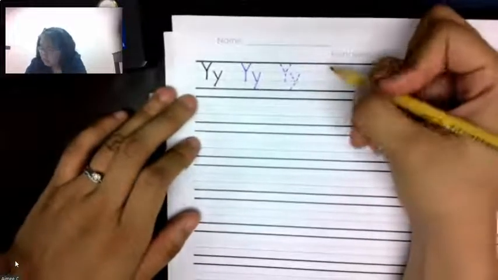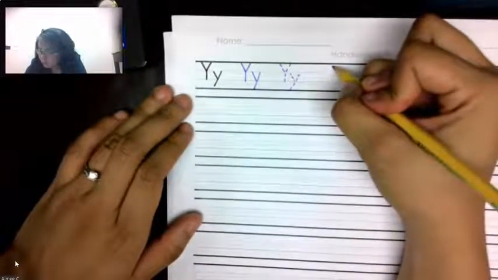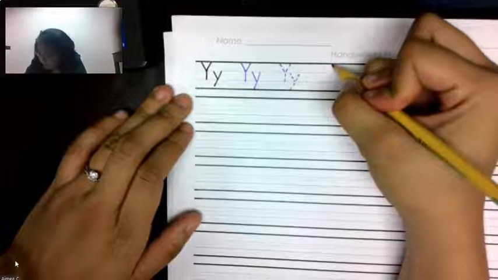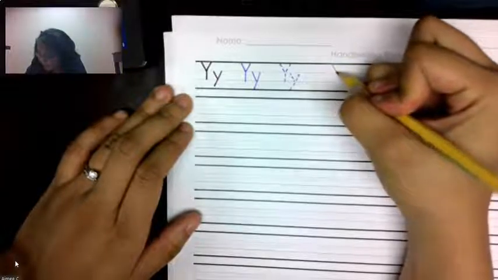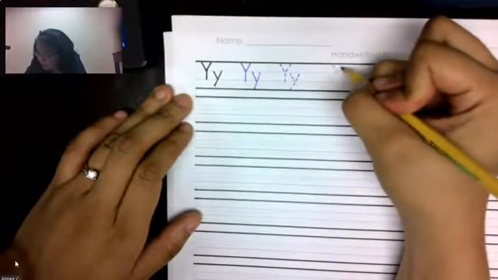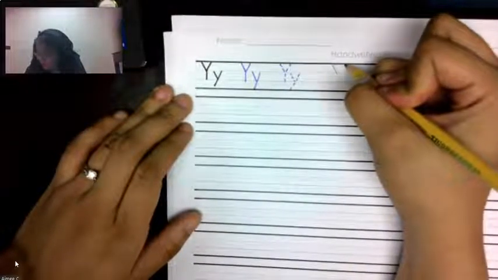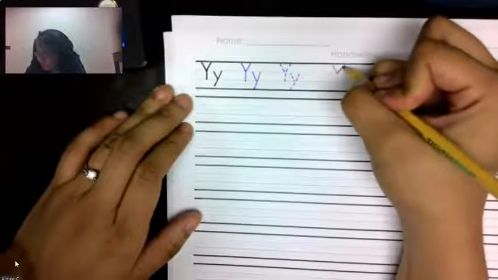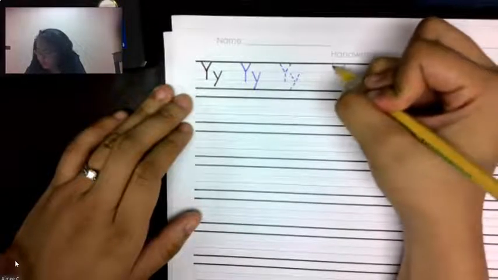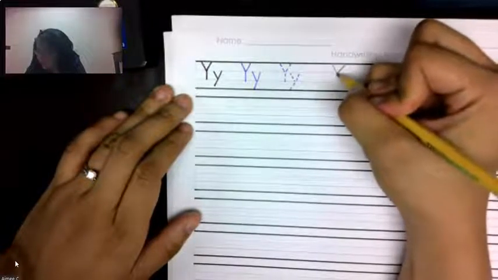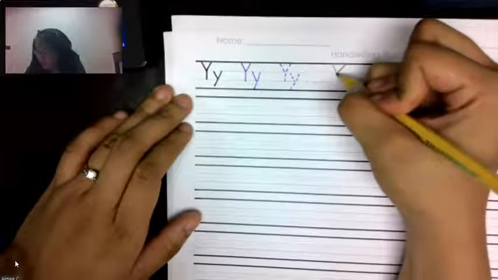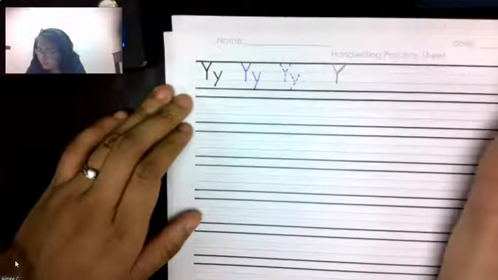So, capital Y starts at the top and you slant to the middle. And then you start a little bit off to the side and you slant to the middle again from the other direction. So here and here. And then you bring one line from the middle straight down.